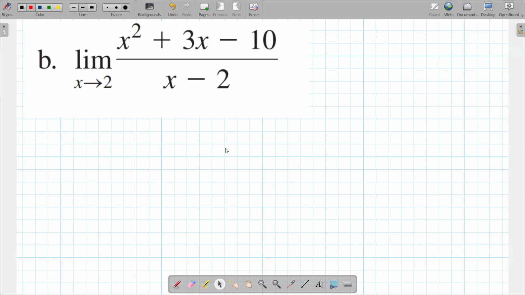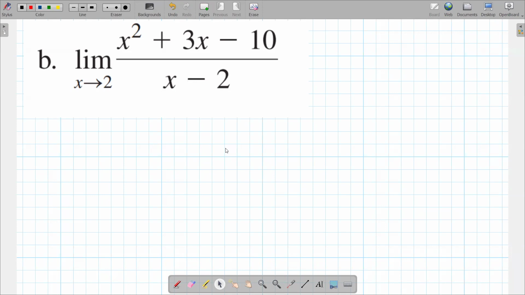Okay, should we graph this? Let me think. No, we shouldn't. When you're doing limits, actually when you're doing anything, always factor, simplify if possible. If you simplify, things become much easier for us.